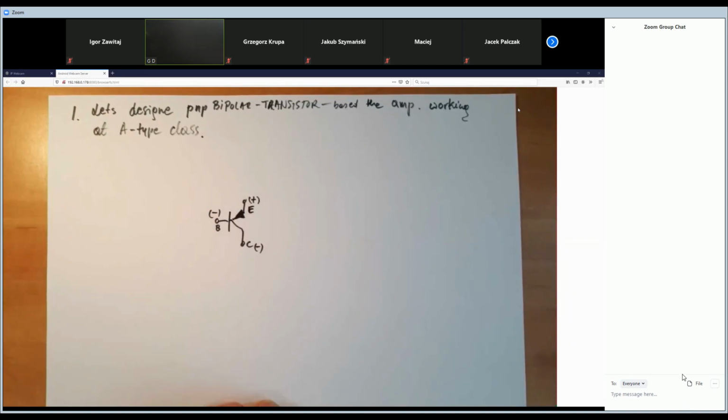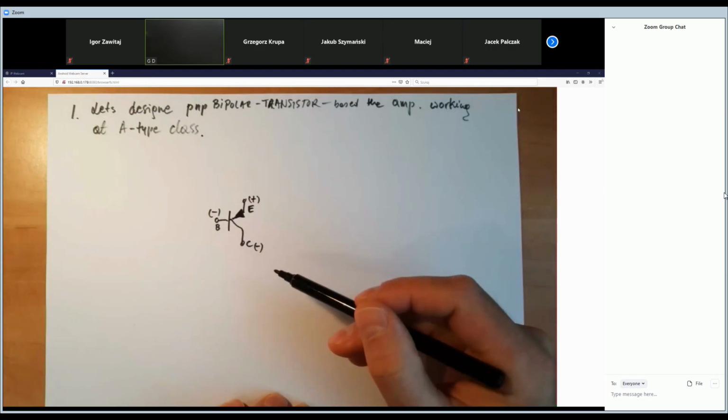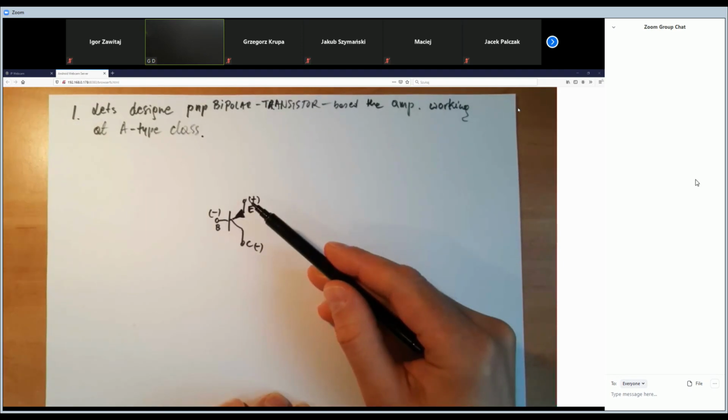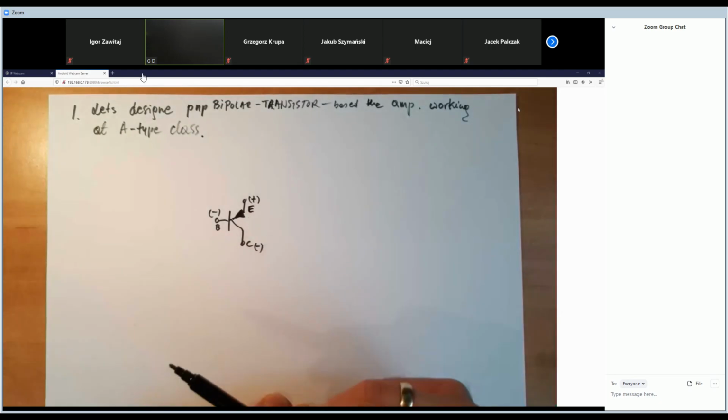So we have to apply correctly the supply voltage to reach those conditions. The highest potential should be at the emitter, and the base and the collector should be lower than the emitter.